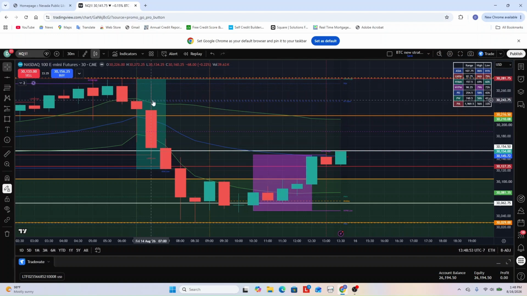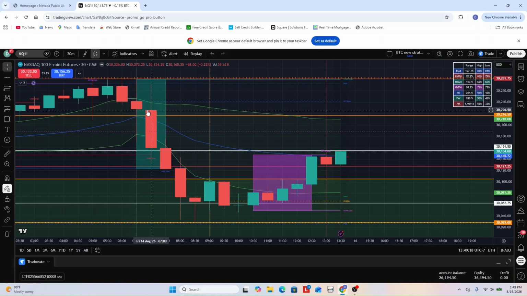Now this big old wick right here, this is resistance, right? And so when the market doesn't have much volatility, aka volume, it is pretty difficult to get through resistance. And so, will it come this high tonight? Probably not.